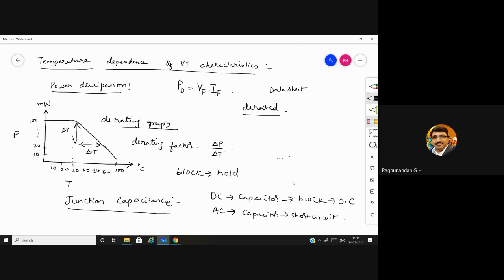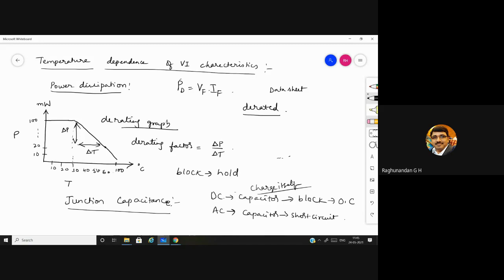If someone opposes your movement, he is going to hold you, right? He is going to catch you. The same way here, since the capacitor blocks the DC, the capacitor utilizes this DC current to charge itself.